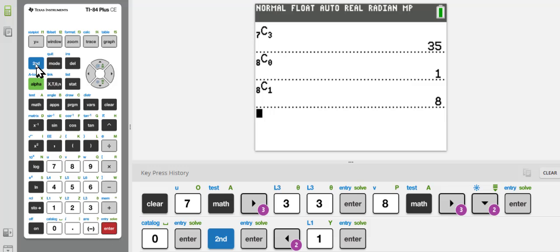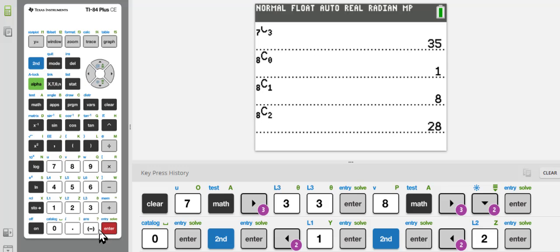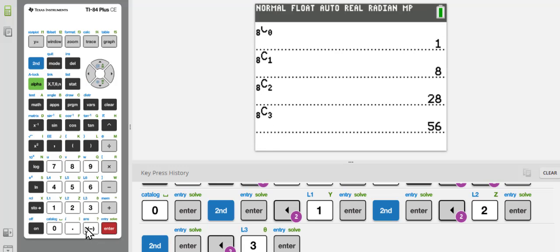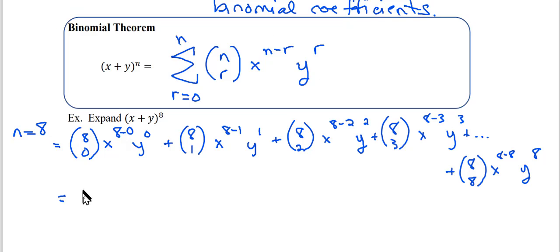Do it again, second entry, backspace, change it to a 2. Second entry, backspace, change that to a 3. Okay, I'm going to use these, and then I'll come back. 1, 8, 28, 56. I'll just try to remember those. This was 1.